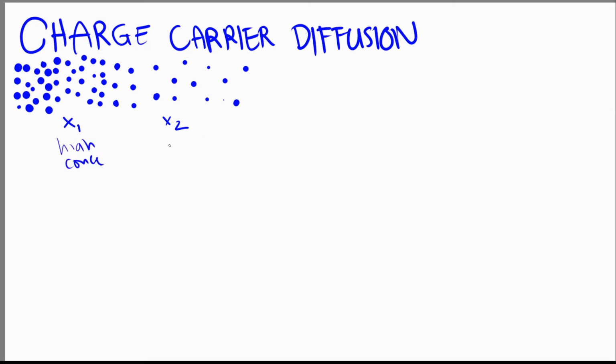Meanwhile, yung sa X2 natin, this is your low concentration. To go into equilibrium, the tendency of our system is to diffuse from high to low concentration just to balance everything out. So we'll see that there will be a diffusion of our charge carriers from X1 to X2.